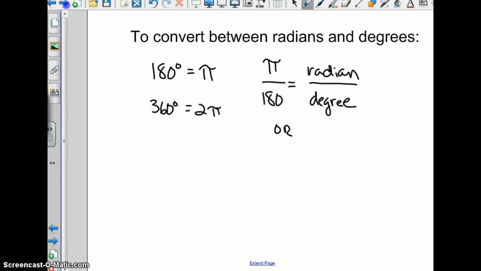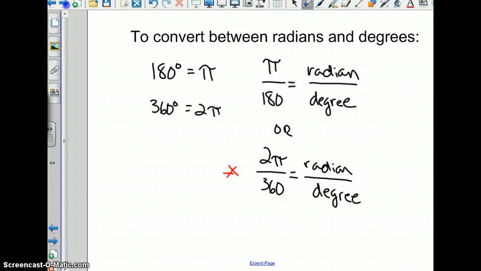Or we could use the second fact that 2 pi over 360 is going to equal the radians over degrees. What you want to write down in your notes are the things I've starred. These are the main concepts that you want to use, so we have those things in our back pocket to use.